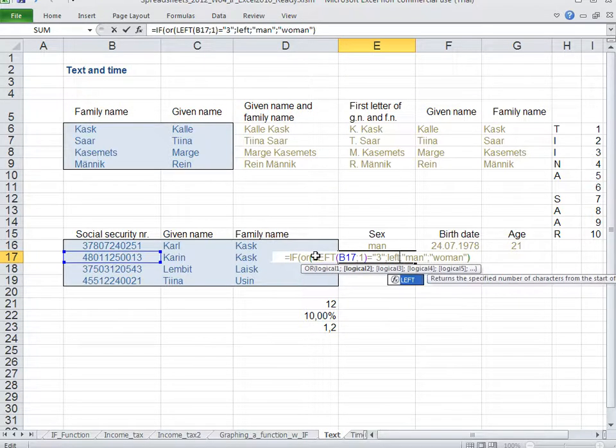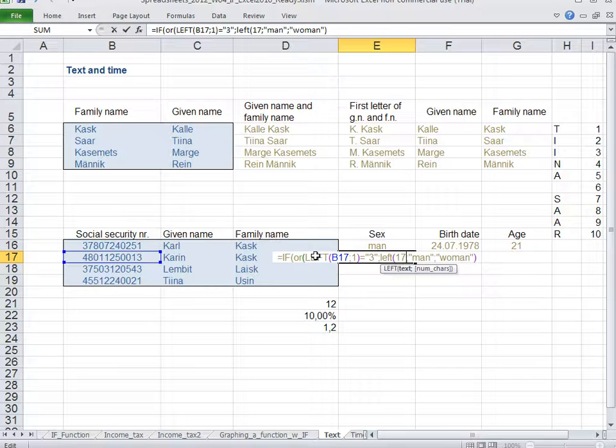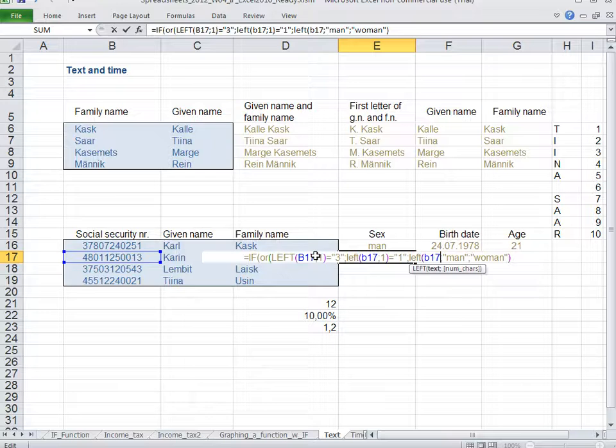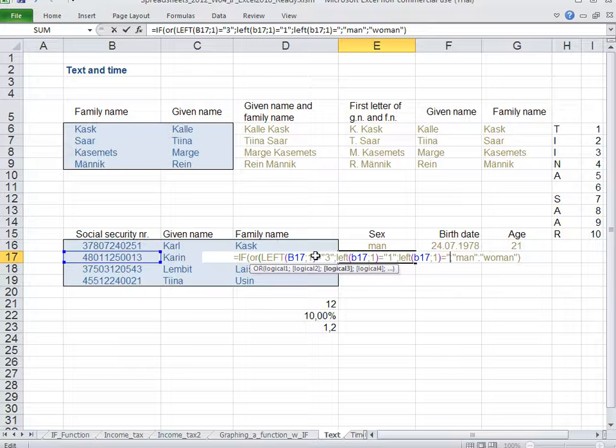Left B17 semicolon 1 character from the left of B17, and we check whether it equals quotation marks 1 for another man, and semicolon left B17 semicolon 1 character from the left, whether it equals quotation marks 5.